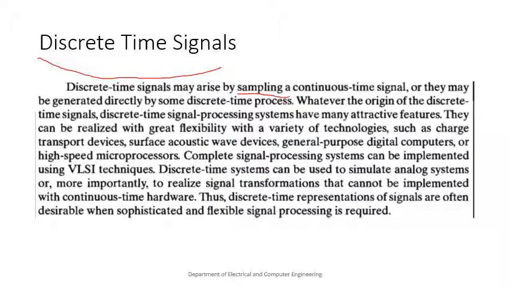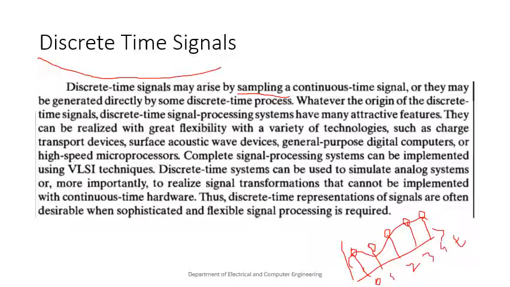So what we do, we discretize the time axis. How do we discretize it? For example, if this is a signal, we sample it in time. I have picked this sample, this sample, this sample, this sample, and this sample. So now this is 0, 1, 2, 3, 4. So these are samples.